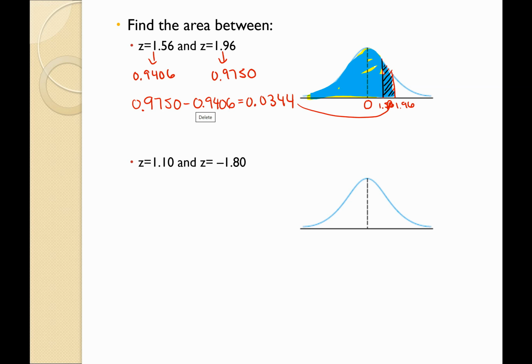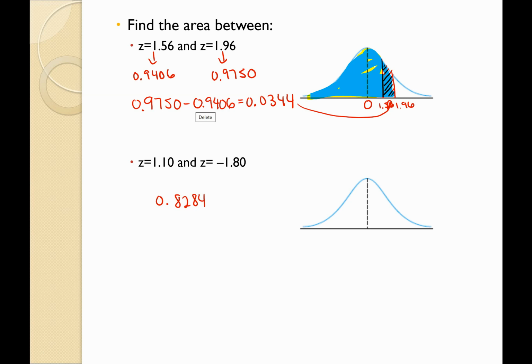So go ahead and take a pause here and see what you come up with for the next one, where we have z is 1.10 and negative 1.80. So go ahead, take a minute and pause here. What you should come up with, your area should be 0.8284.